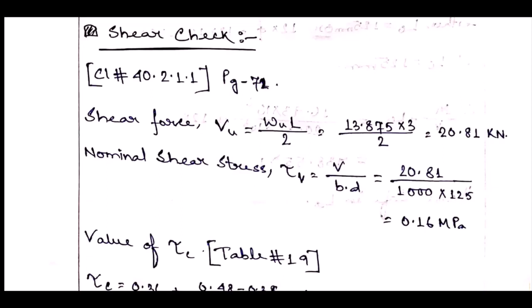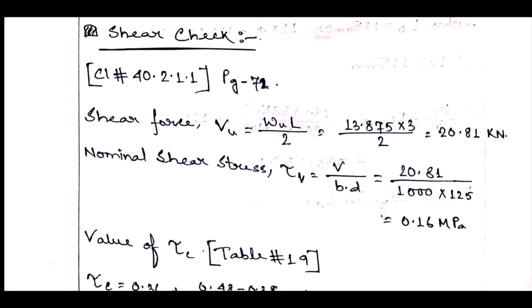So that is equal to wu, we have calculated 13.875, into L which is 3, by 2, that is equal to 20.81 kilonewton. Now the nominal shear stress tau v is equal to V by bd. V is 20.81, which we have calculated just now, by b is 1000 into d is 125, that is equal to 0.16 MPa.